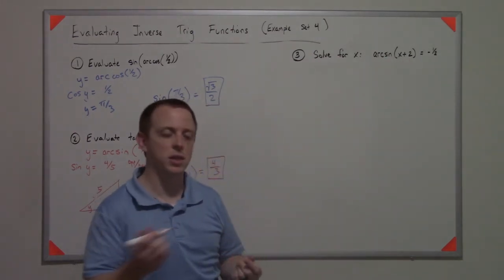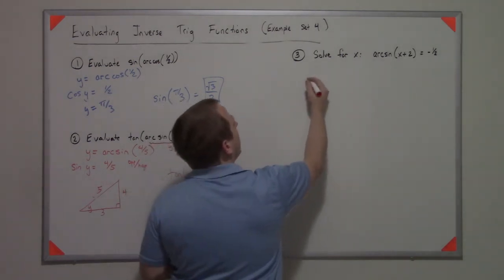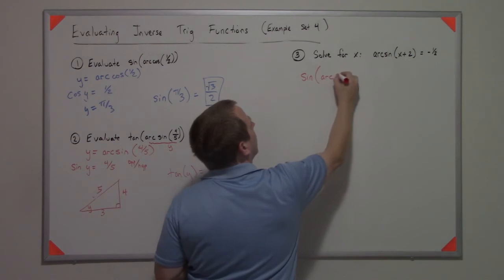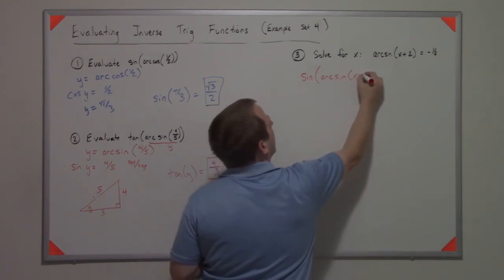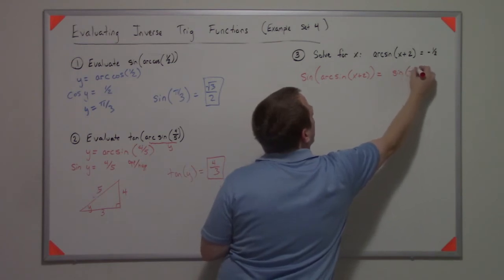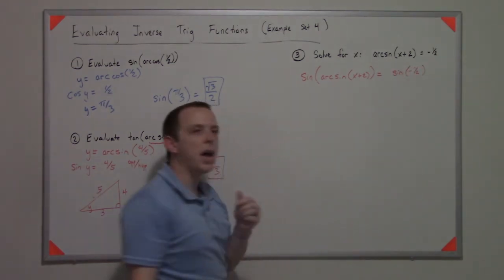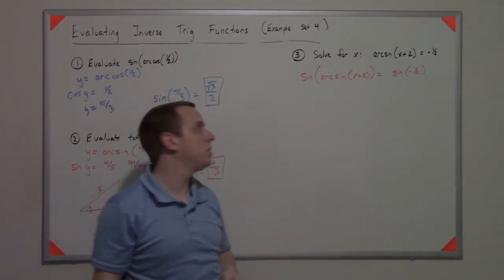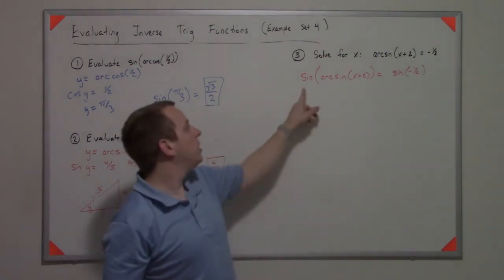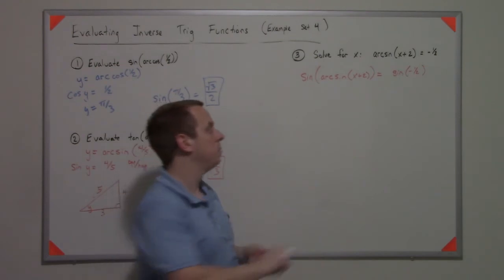Let's use the cancellation properties. We say sine of arc sine of x plus 2 equals sine of negative 1/2. But sine and arc sine are inverses.